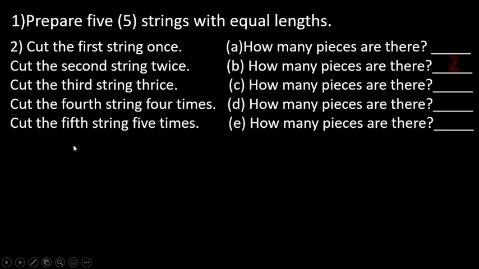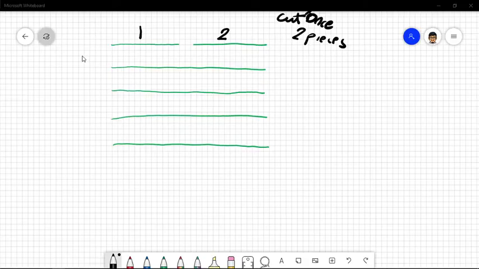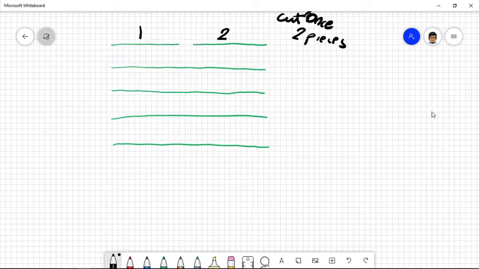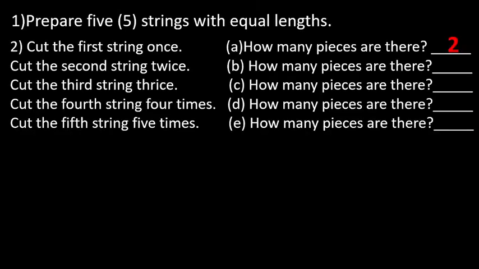Ilan daw? How many pieces? We have 2. Cut the second string twice. So, this is our second string. Let's cut it twice daw. 1, 2. So, nakat na siya. After cutting, how many pieces are there?